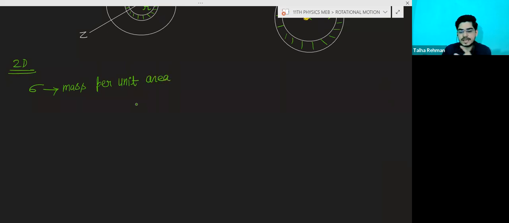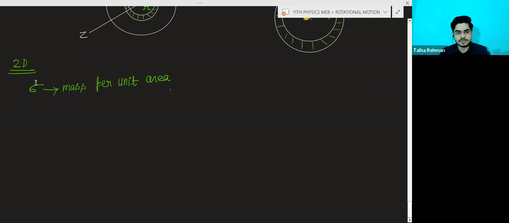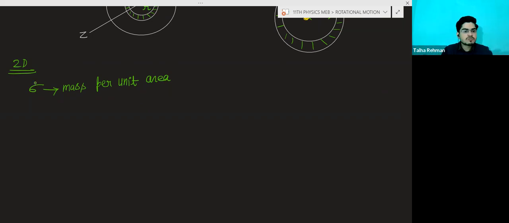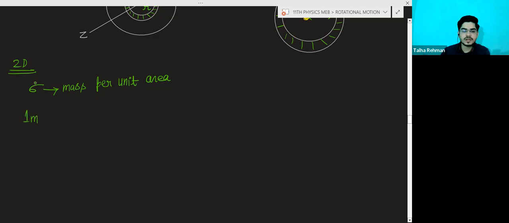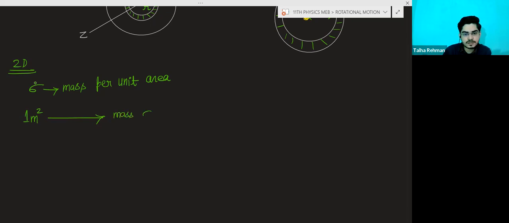Mass per unit area. What does it mean? In 1 meter square area, what will be the mass? That is this sigma. In 1 meter square area, the mass will be sigma.